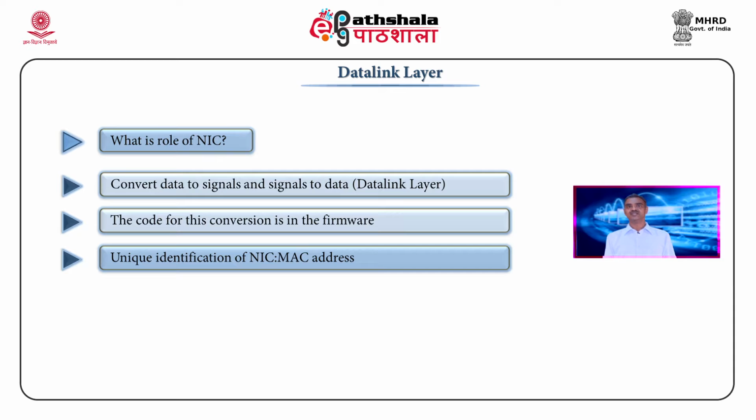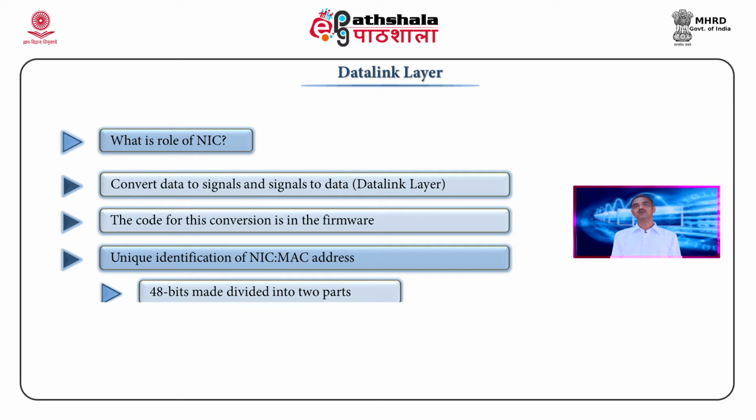For the purpose of identification, each network interface card has a MAC address. What is a MAC address? It is a unique identity available for all network interface cards. A MAC address is made up of 48 bits, but how do we manage uniqueness?